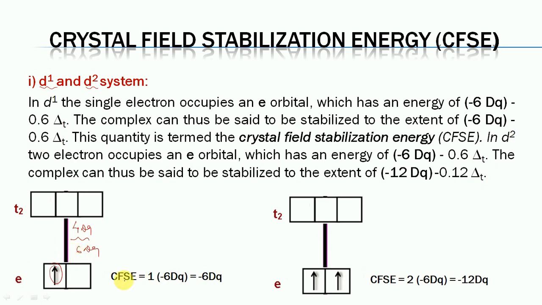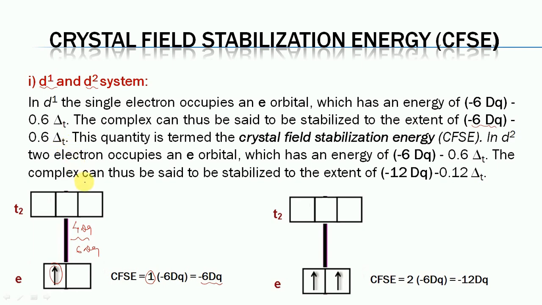So the crystal field stabilization energy is calculated as the number of electrons, 1, into minus 6 Dq, so it is equal to minus 6 Dq. In the case of the d1 system, the complex is said to be stabilized to the extent of minus 6 Dq or minus 0.6 delta T crystal field stabilization energy.